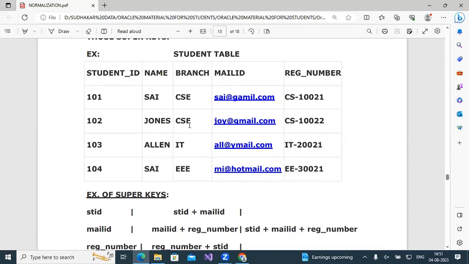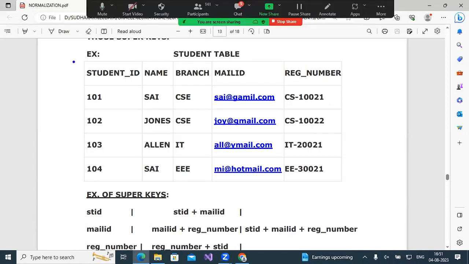In that column, whatever values are there, those values identify the row with uniqueness, meaning all different. Then that column comes under super key columns. First observe.